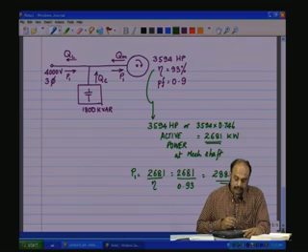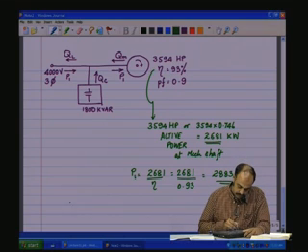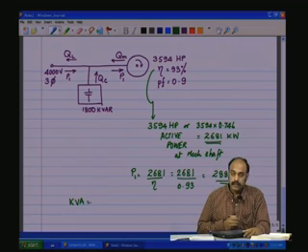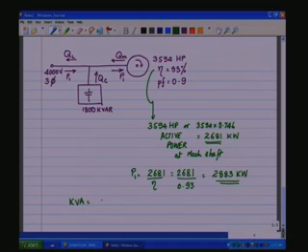Now, what is the apparent power, the VA? So, the kVA is the active power divided by the power factor, active power divided by cos theta, and cos theta is given as 0.9.